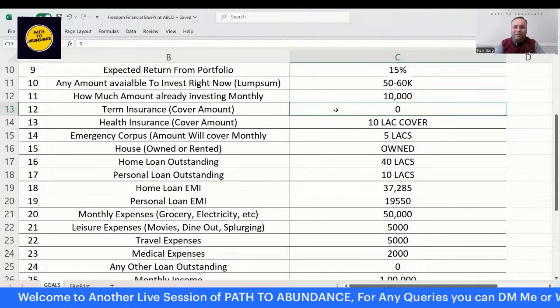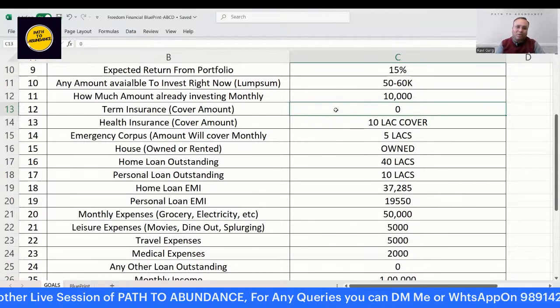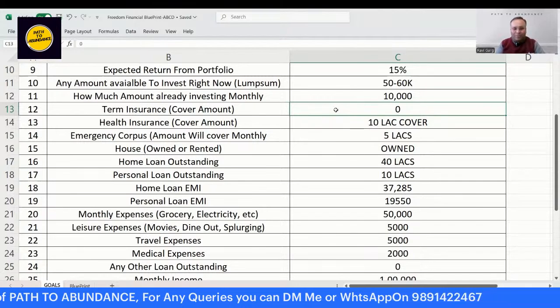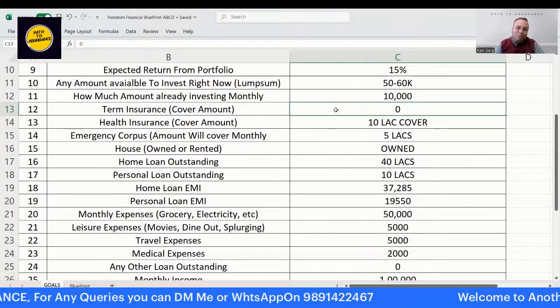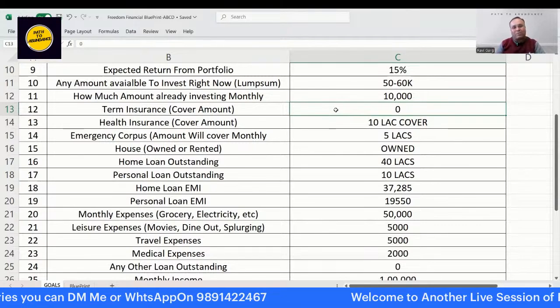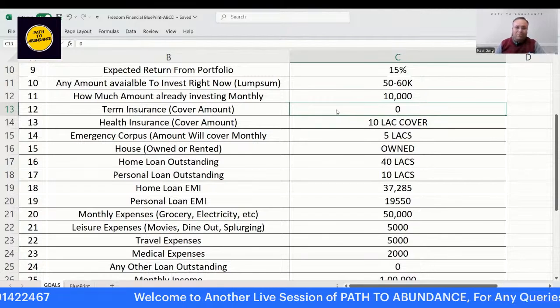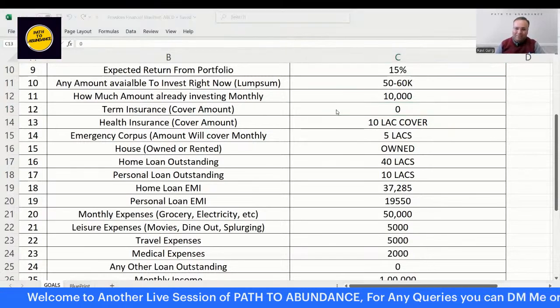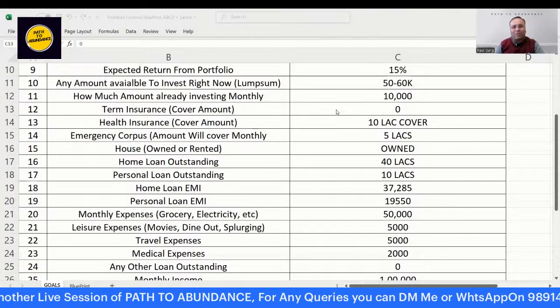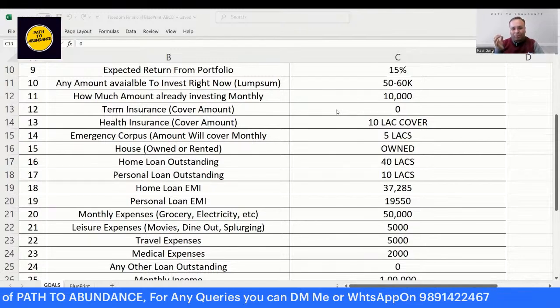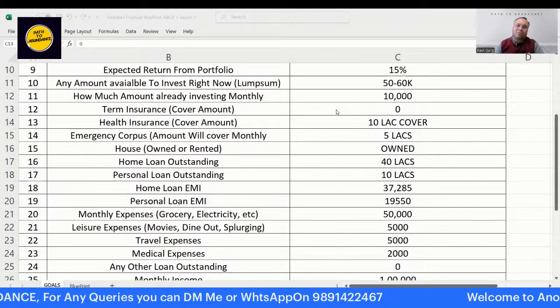Suppose you are paying 24,000 rupees for a 2 crore cover, that comes to 2,000 rupees per month. 2,000 rupees divided by 30, how much? Tell me. It comes to 66 rupees per day. Just by not paying 66 rupees, you are risking your life.